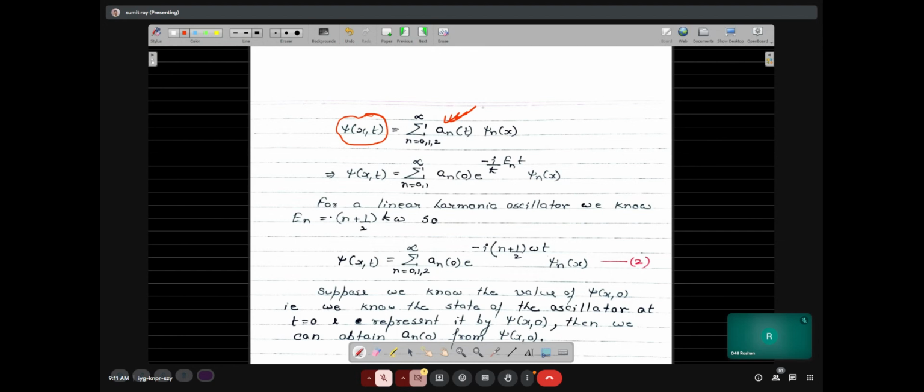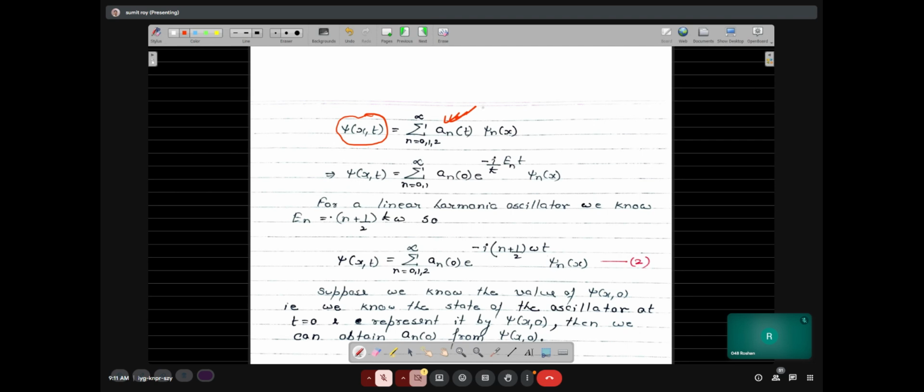So the wave function at any time t can be written like this, where the basis states are usually time independent, because you can easily correlate with the fact that the basis vectors are basically the unit vectors ijk in case of Euclidean space. So here psi n of x are similar to this. So they are time independent. They are just the basis vectors which can be used to expand any random state of the system.